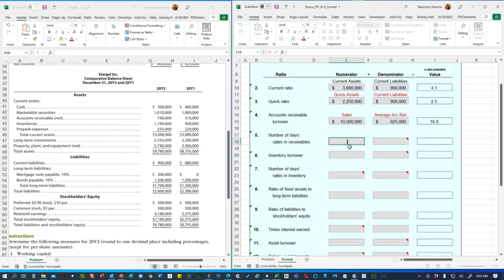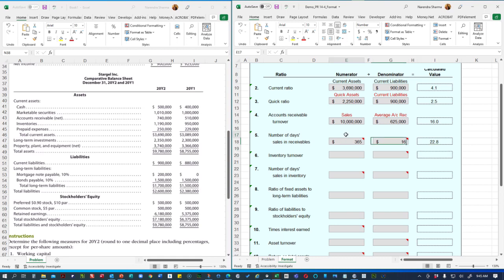Now remember, I gave you two alternative formulas, so we'll go with the first one. That's 365 number of days, divided by that ratio we calculated, accounts receivable turnover ratio. So 365 divided by 16 will be 22.8.